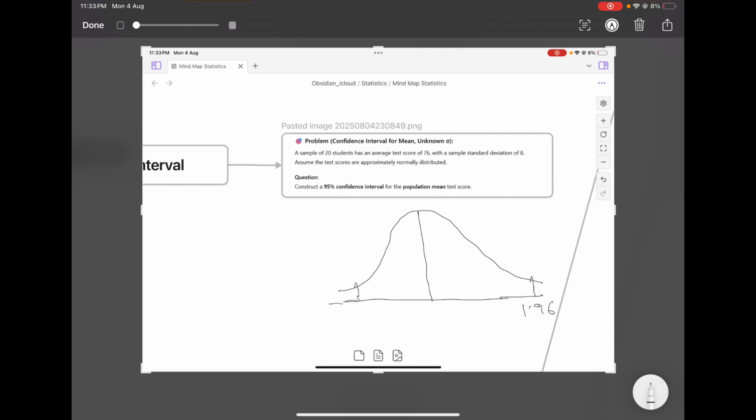By symmetry, this will be minus 1.96 here. So we got the Z score, and Z is equal to x minus mu by sigma.